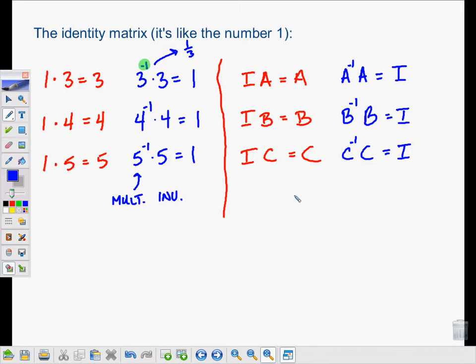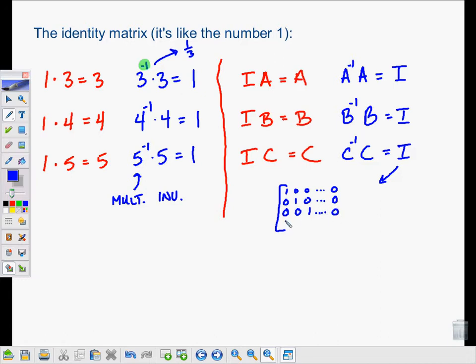Now the identity matrix can change. Okay? The way it always looks, the identity matrix will always look like a 1 followed by zeros to the end of it, and then the next row starts with 0 followed by a 1 with zeros till the end of it, and the 1s keep showing up on this diagonal.